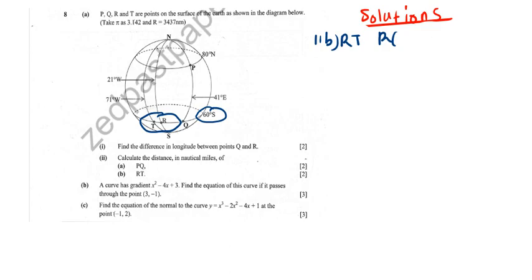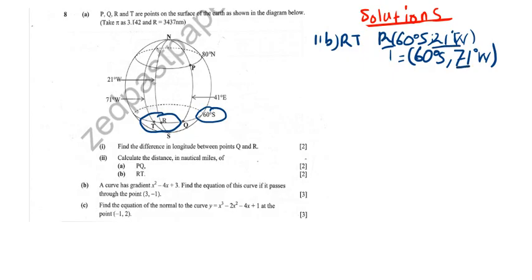So since they are sharing the same latitude, you say 60 degrees south, comma, and then what is the longitude of R, which is 21 degrees west, like that. And then you say T, and then what is the latitude? They are sharing the same latitude, it will be 60 degrees south, comma, and then the longitude, it is what? 71 degrees west.